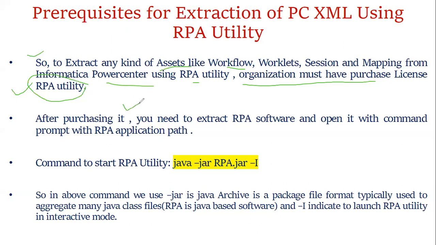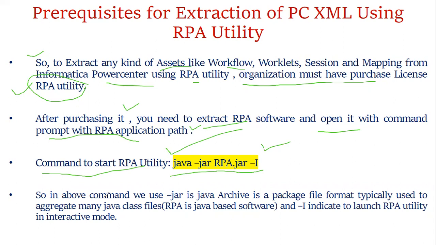After purchasing it, or after having this software, you can extract the RPA software and open it with the command prompt with the RPA application path. That I will show you. After opening it with the command prompt, this is the command generally utilized to launch the RPA utility.